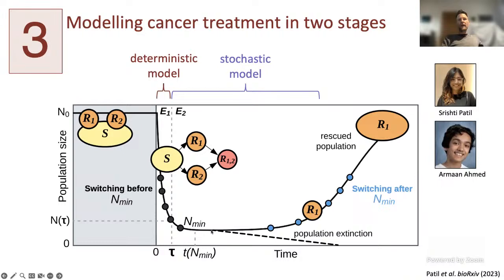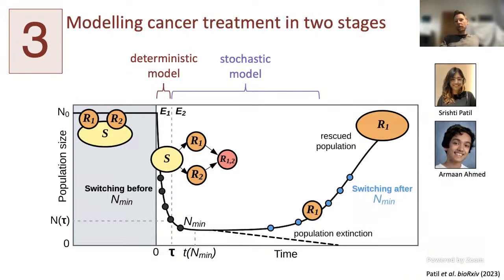The question then is, what's the probability that we get extinction, this downward dashed line, versus this rebound here? This shows you what would happen in the absence of a second strike. And what we want to do is make sure that instead of getting this rescue population, we get this downward trajectory.